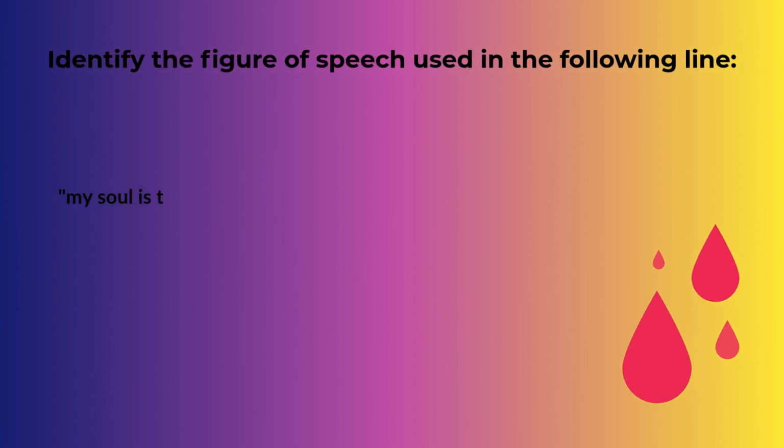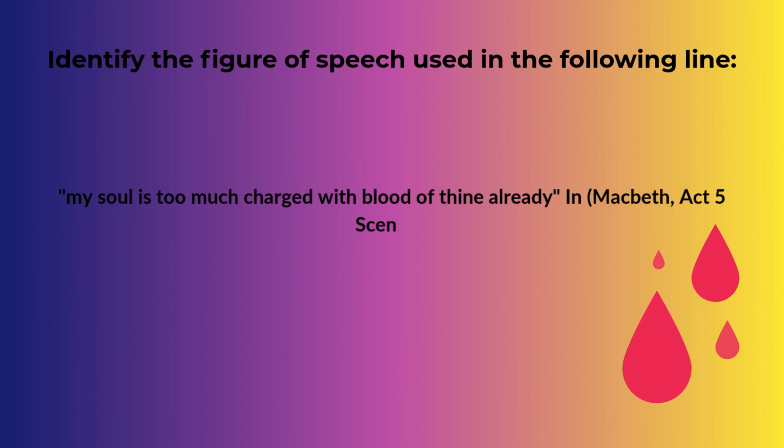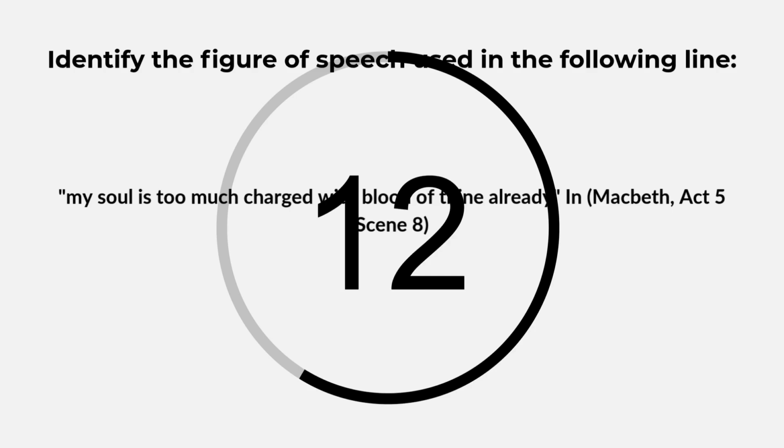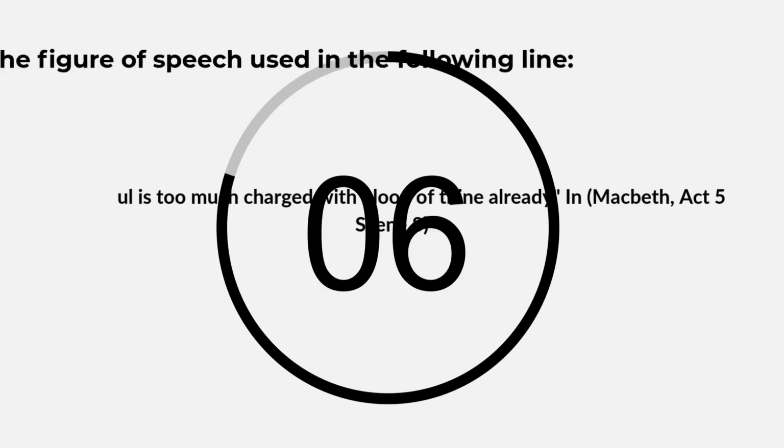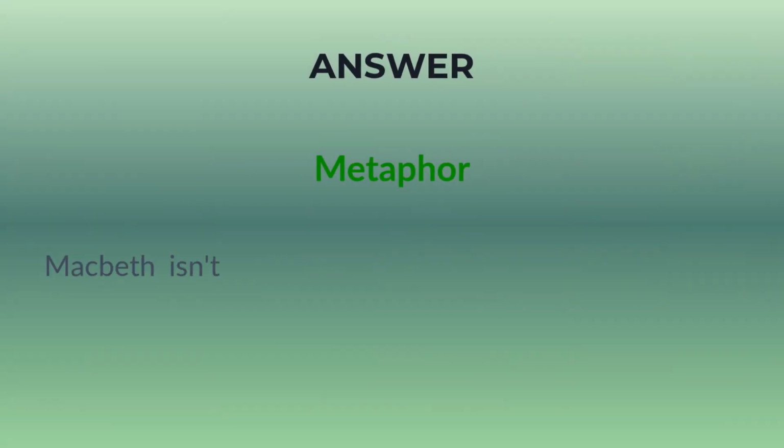Example number 1. "My soul is too much charged with blood of thine already." That is in Macbeth, Act 5, Scene 8. What figure of speech is this? It's a metaphor.